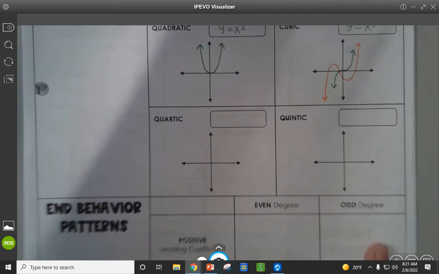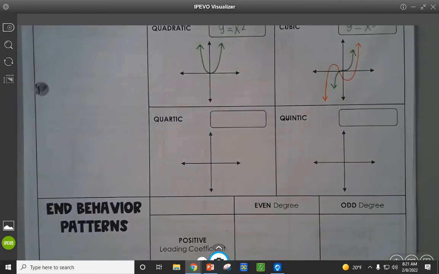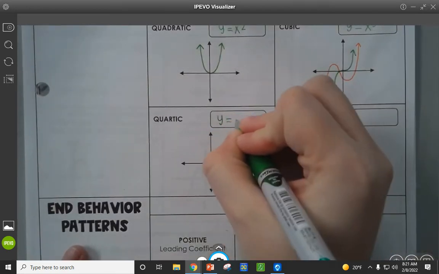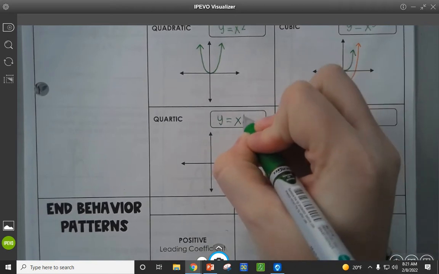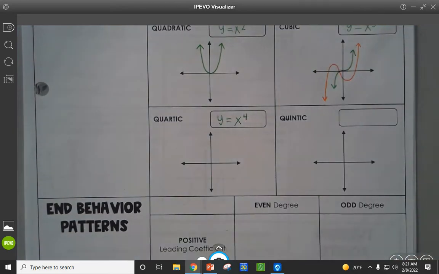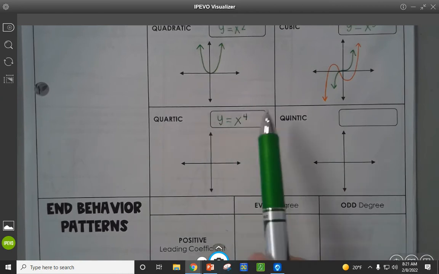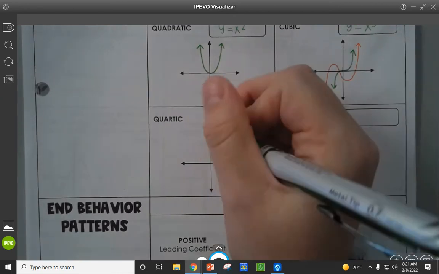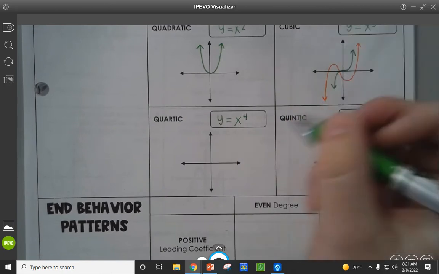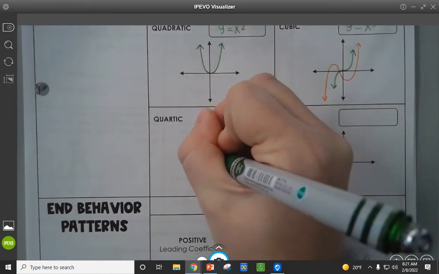A quartic graph is y equals x to the what? 4th. The parent function, meaning just the original x to the 4th with nothing else added onto it, looks a whole lot like the quadratic. So just a little bit wider.